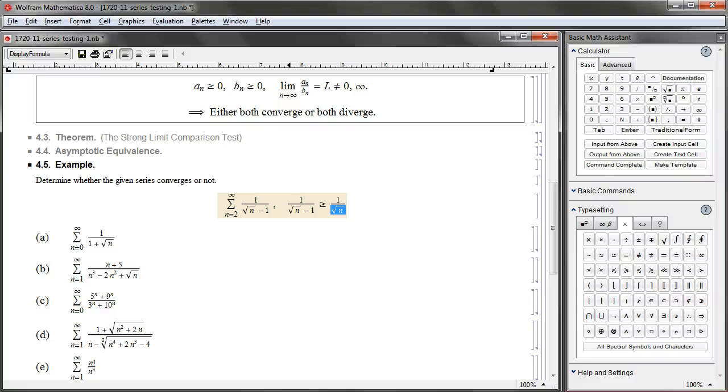Or you can test this by plugging in some value. Plug in n equals 2, then you have 1 over square root of 2, and for the other one you have 1 over square root of 2 minus 1. Well, certainly bigger. And then what do we have? The series of 1 over square root of n is infinity because this is a p-series.